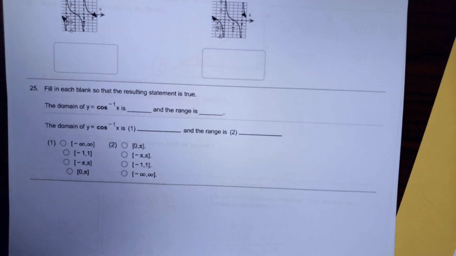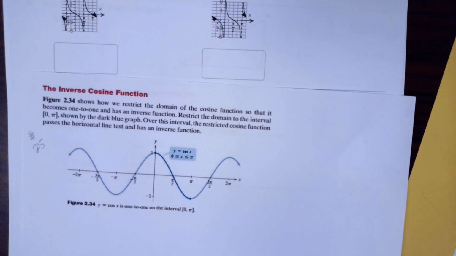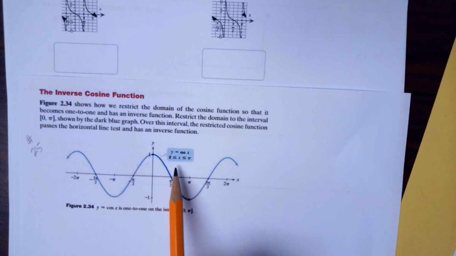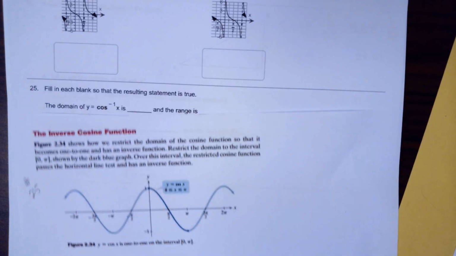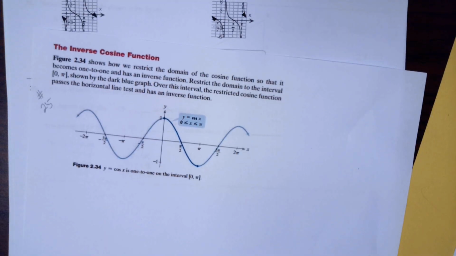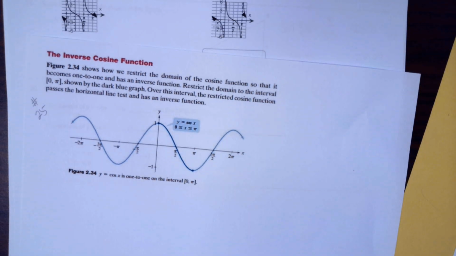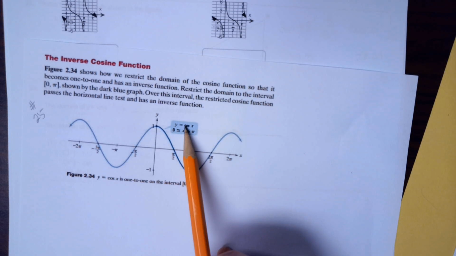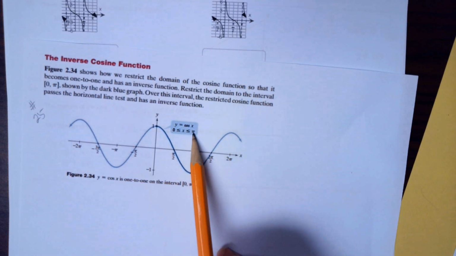So they're asking us in number 25 about the domain of cosine inverse. And so here we go. Here's the cosine function. The domain of the cosine function is 0 to pi. So if that's the domain of cosine, that's going to be the range of cosine inverse.